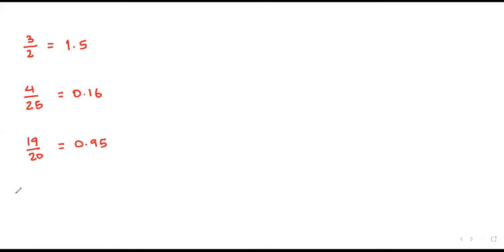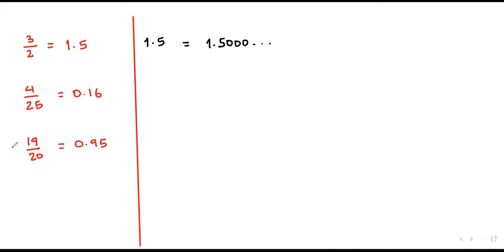So, I want you to check something. Let's say that you have got 1.5. Do you know that 1.5 is the same as 1.5000 and many zeros? Do you know that?